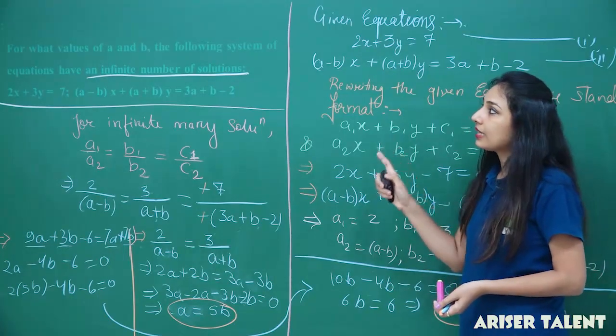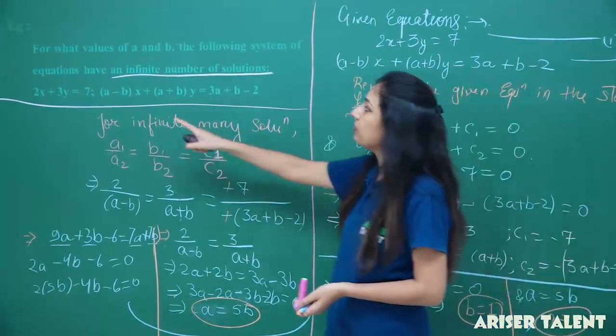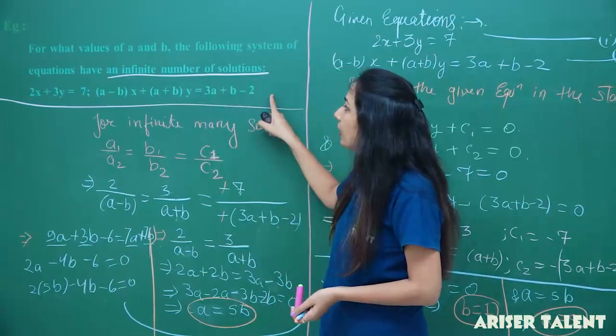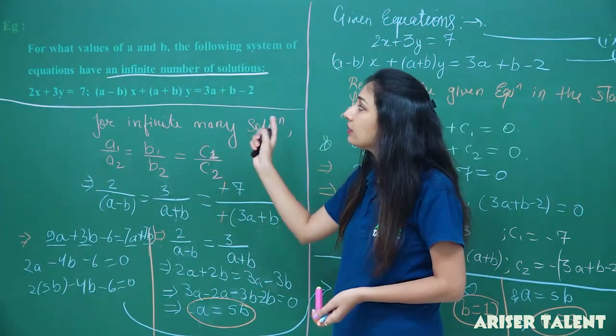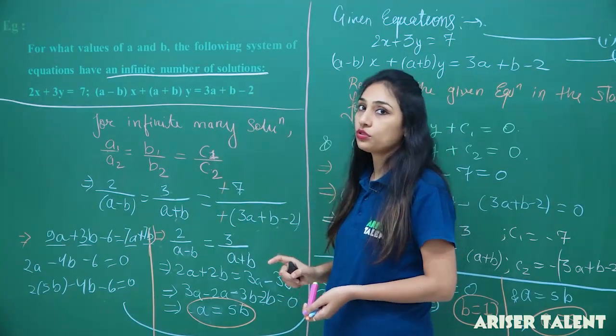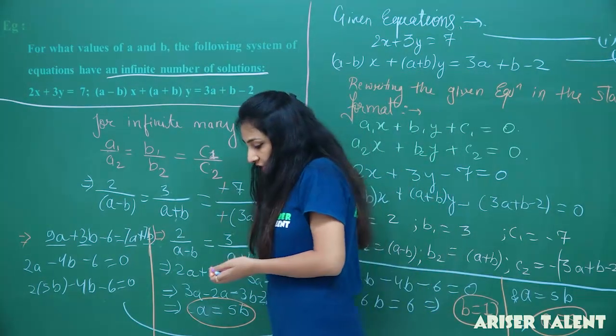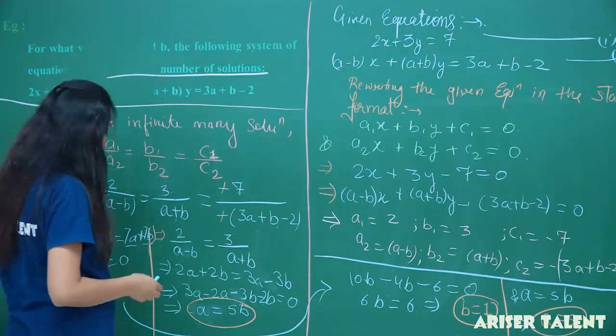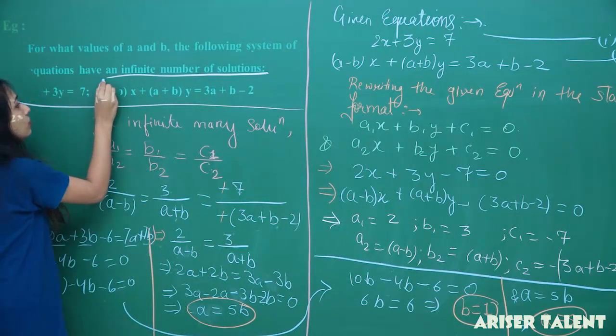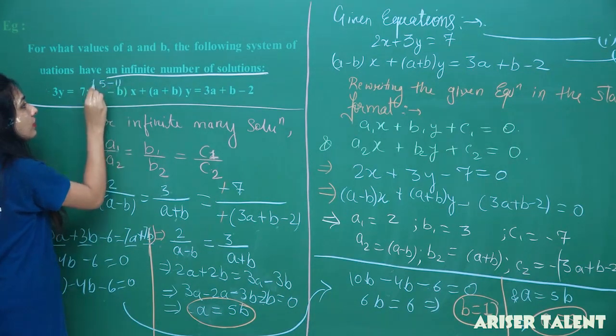This is exactly the equation. If we put the values of a and b here, we will get the equation in which these two have infinite numbers of solutions. Okay, how can you check it? a equals 5 and b equals 1.